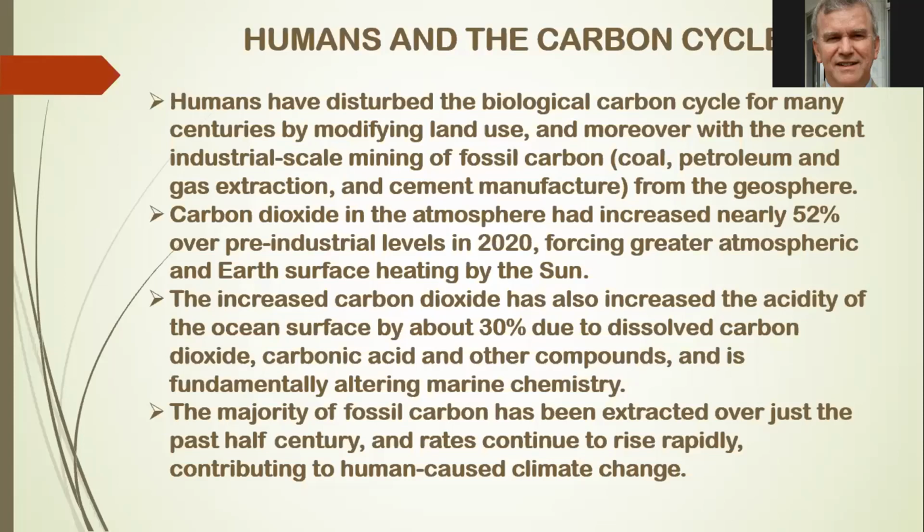As we shifted into more of an industrial economy, the accumulation of carbon dioxide increased, and it's gone up by 52% from the pre-industrial period to 2020, forcing greater atmospheric and earth surface heating by the sun. So this is the greenhouse effect.